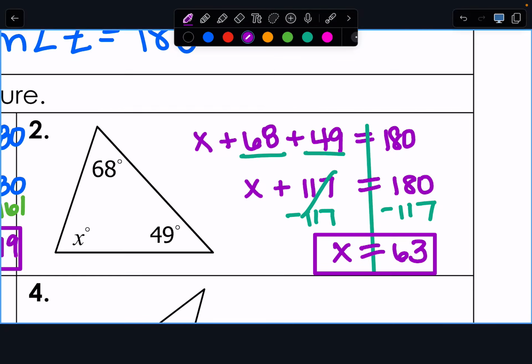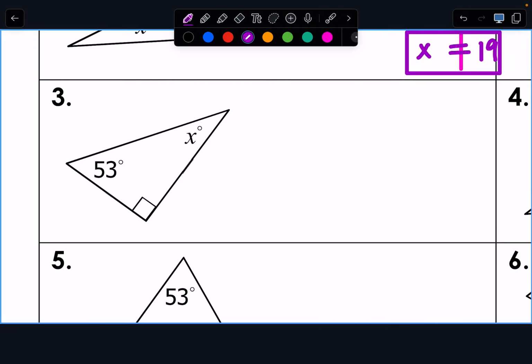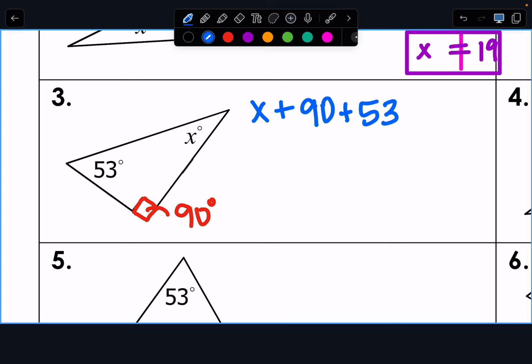Now, number 3 kind of makes me nervous. Why do you think I'm nervous about number 3? What does that box mean? 90 degrees. Oh, yeah. That box means we have a 90-degree angle. Okay, so Colton, how do we set up this equation? Okay, tell me what I should write down. X plus 90 plus 53, equals.